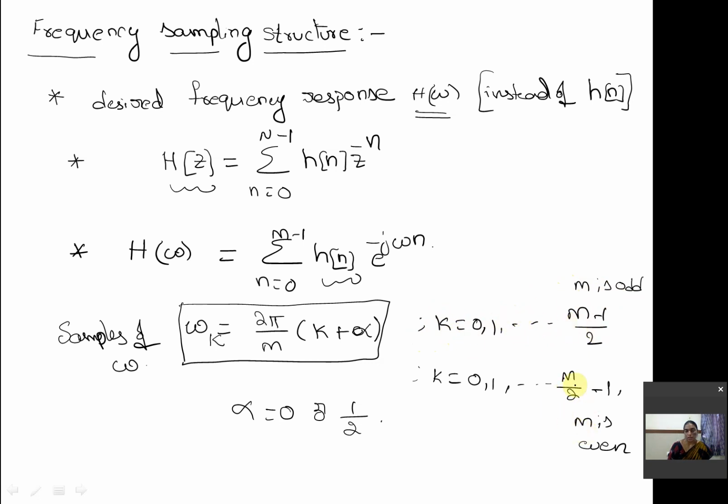If M is even, take this number of samples. Here consider alpha is 0 or alpha is 1 by 2, right? So under these circumstances, we should find out the h of n value. From h of n, find H of z based on the z transform.